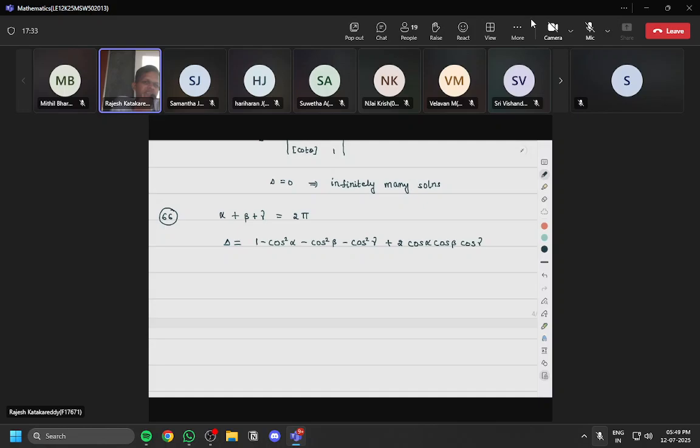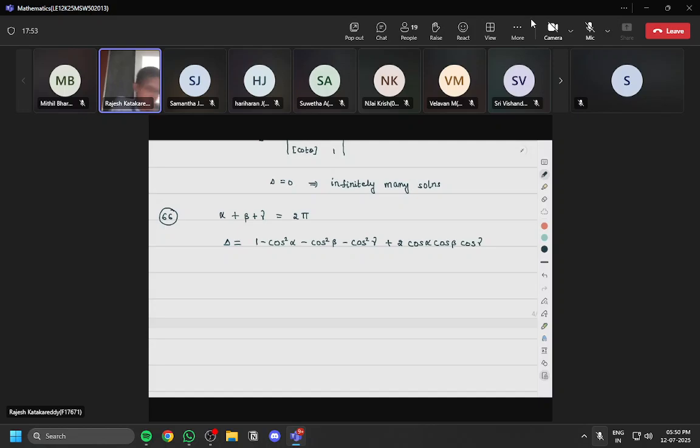I'm not wasting much time in calculating delta. Just expand it. Take the determinant of the coefficient matrix, expand along any row or column. Using that, you should get this one. Let me know if there is any correction in this. This one only we are getting now.